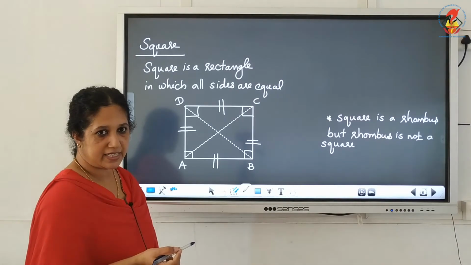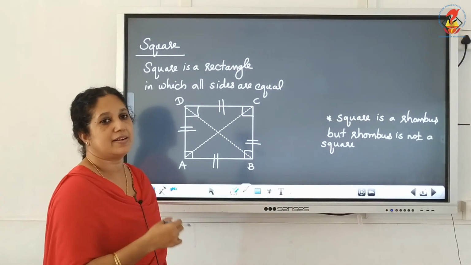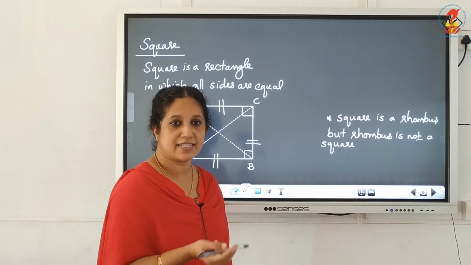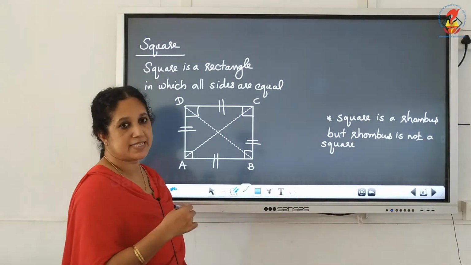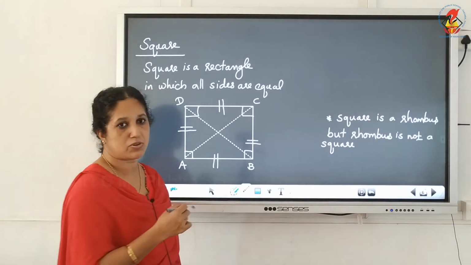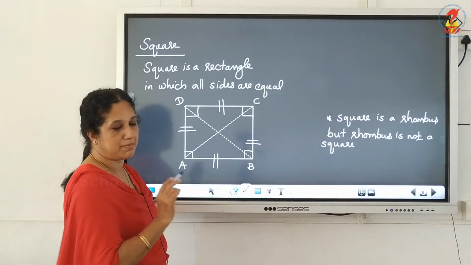So the diagonals are equal. In the case of a square, the diagonals are equal. Diagonals bisect each other at right angles, so we can say that it is a rhombus. Square is a rhombus, and all the four sides are of the same measure.